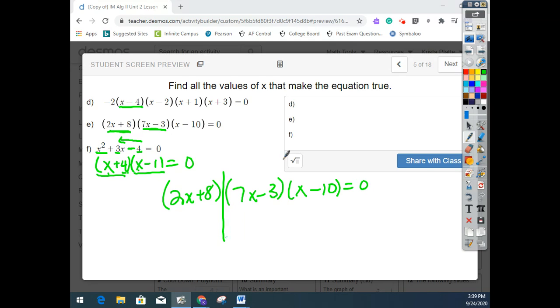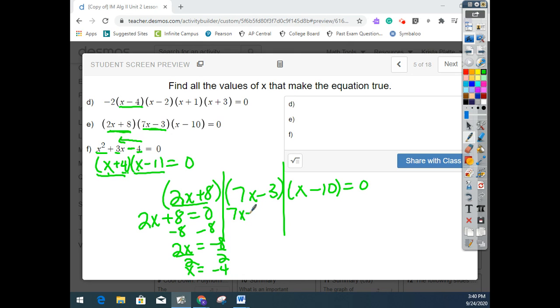So sometimes what I'll do is I'll split it apart and actually write what makes 2x plus 8 equal 0. Just set each factor equal to 0. How would you solve this equation? Well, you'd minus 8, divide by 2, and x equals -4.